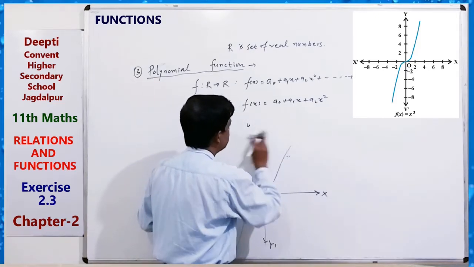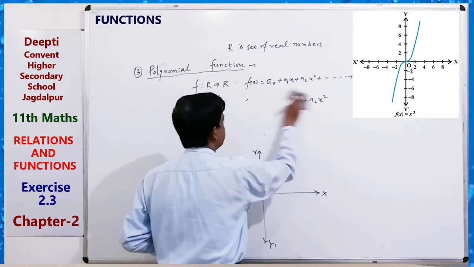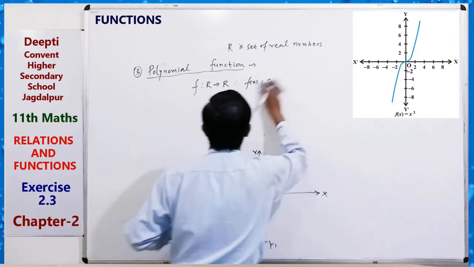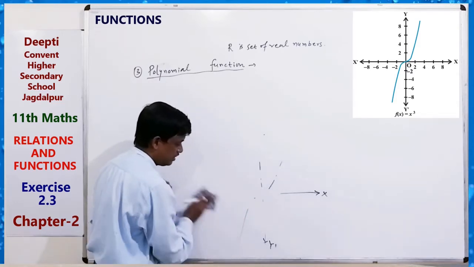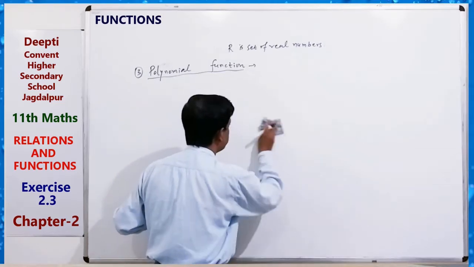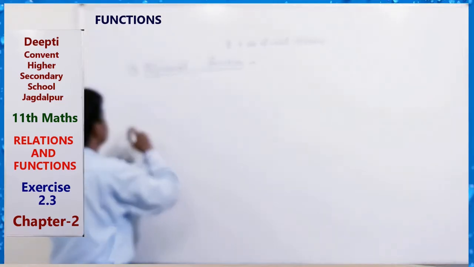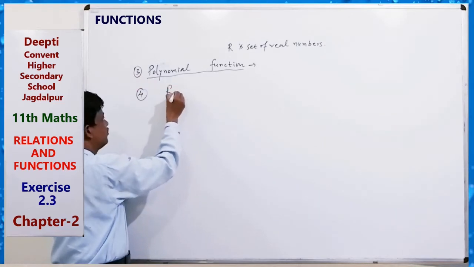Now there is another function, the rational function, after the polynomial function. Clear? Take a rational function.